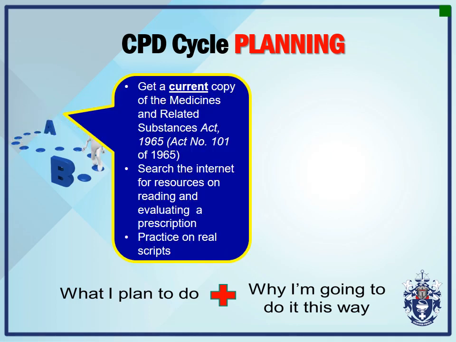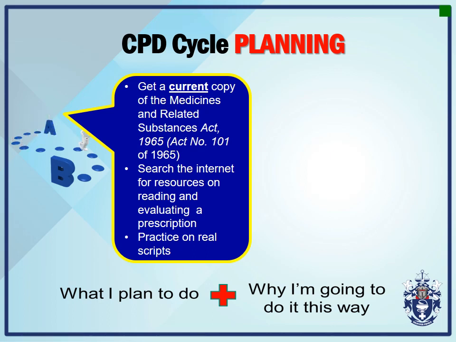You've realized that the information you require in order to validate and authenticate a particular prescription is provided by the Medicines and Related Substances Act 101 of 1965, and particularly Regulation 33. So you identify and obtain a current copy of the Medicines and Related Substances Act.